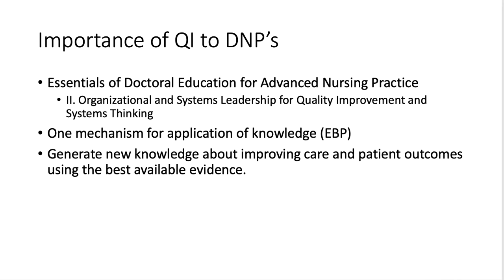Essentials of doctoral education for advanced nursing practice: organizational and systems leadership for quality improvement. So the essentials, as you probably heard, are changing. But this was one of our essentials. We're going to a different model of essentials. But it's been pulled out to say, here are the things that advanced nursing practice and DNPs in particular must do.